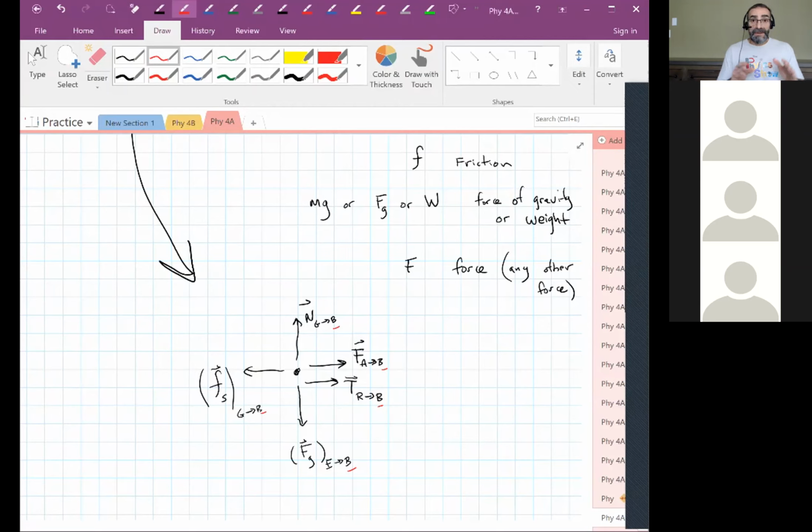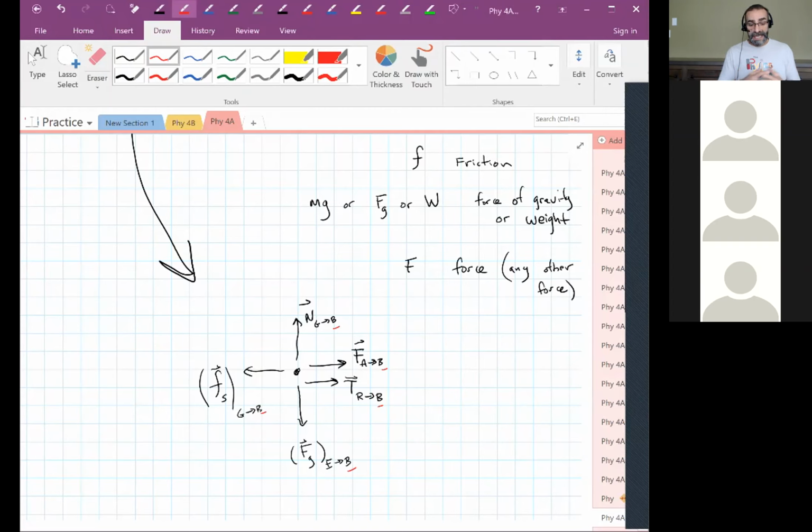But if there are two masses in the system, and so I have two forces of gravity, then I always put a subscript, F sub G1 and F sub G2, because they are different, right? The force of gravity on this object is probably different than the force of gravity on this one. And if they're different, they better be different in your free body diagram. They'd have to have different subscripts.